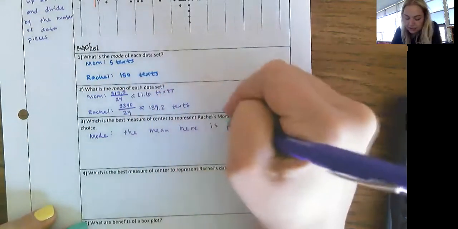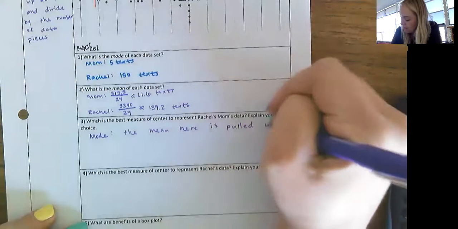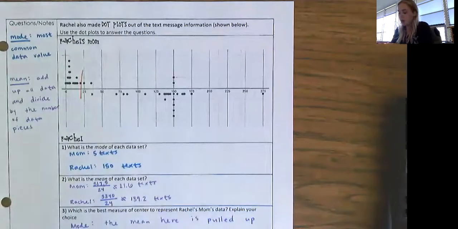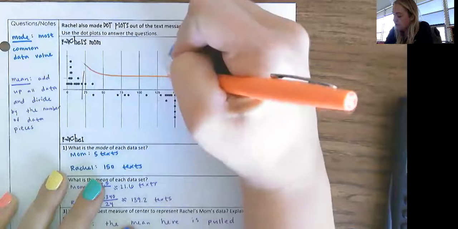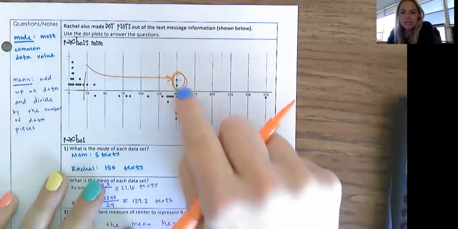And I'm going to say the mean here is pulled up. So what does that mean? Well, if I look at this data for Rachel's mom, this mean got pulled up by these outliers.